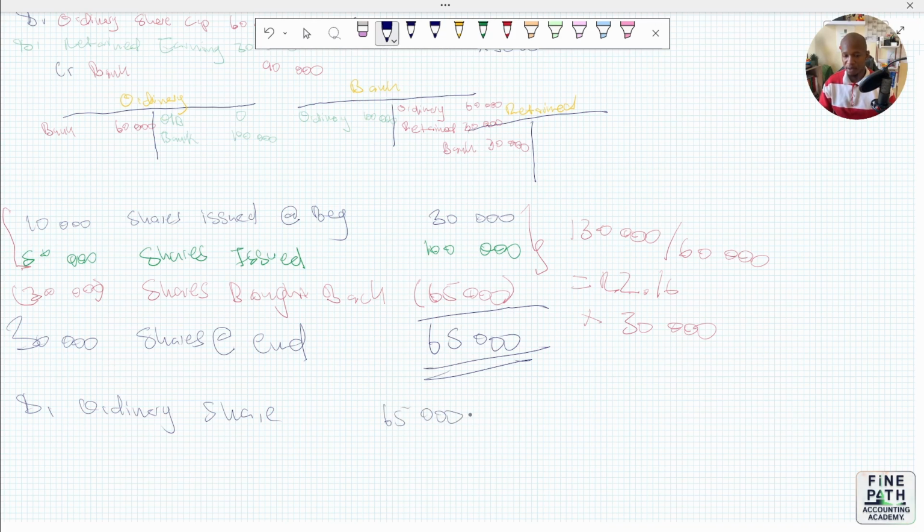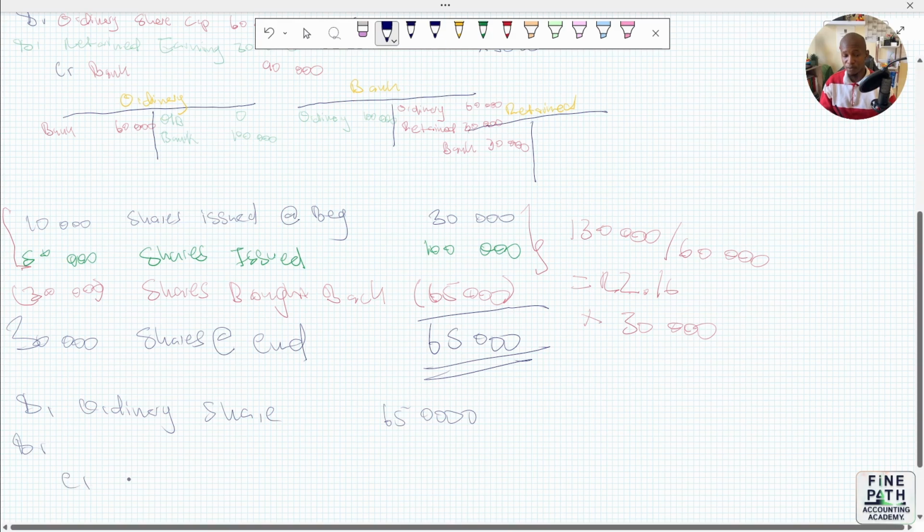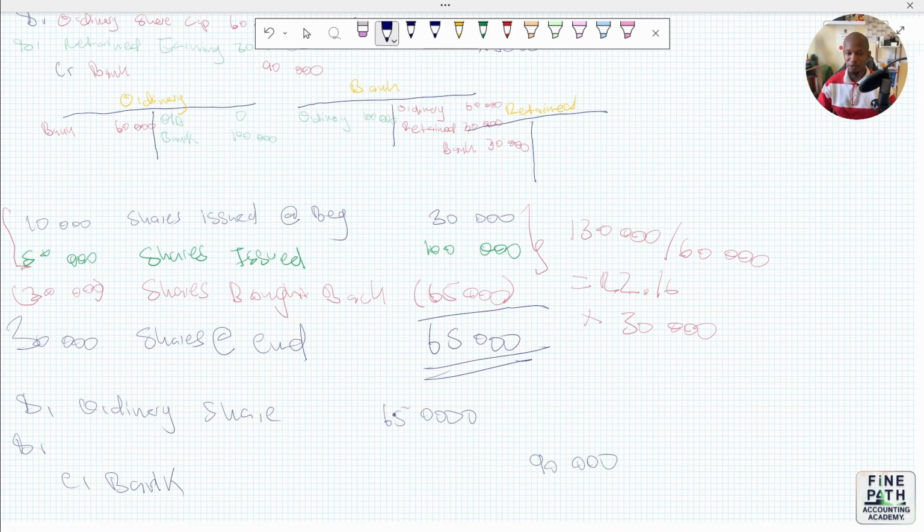And then we would debit our retained earnings, and credit our bank. Our bank is the money that we've paid out. So we'd say we paid 90,000, and the difference between these two, which is 25,000, now goes to our retained earnings. So I hope this makes sense.